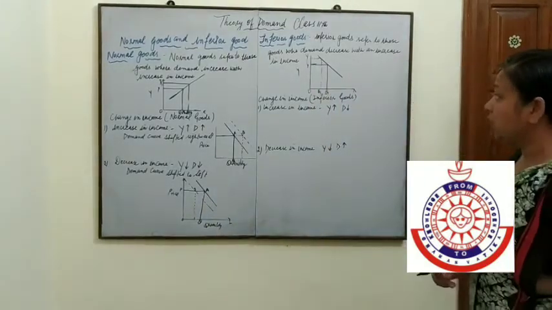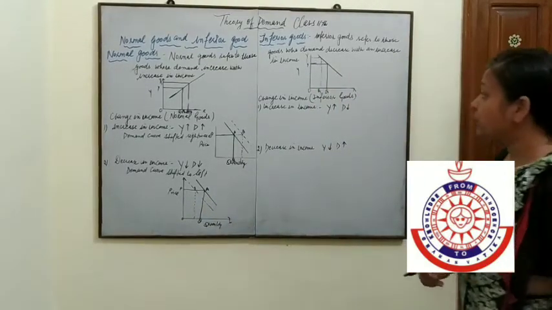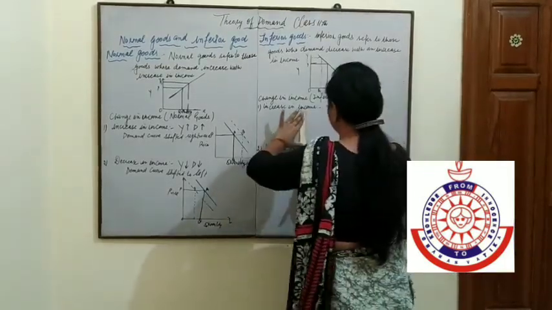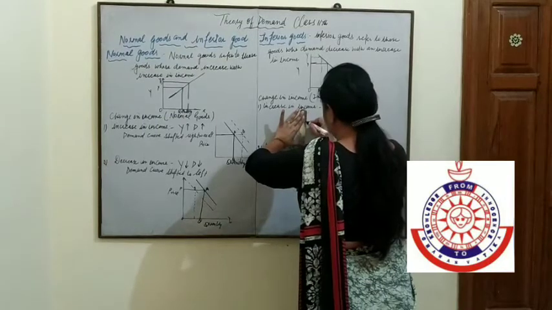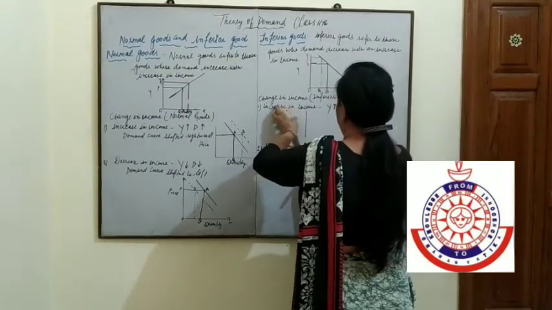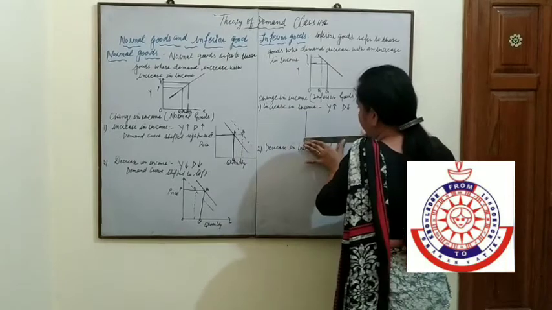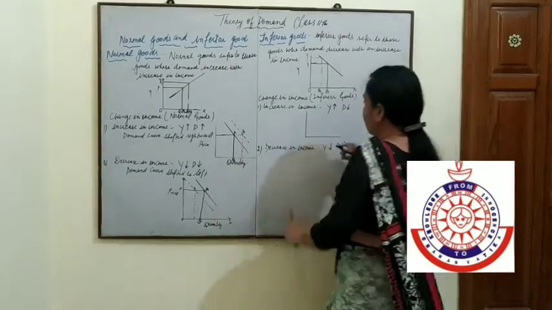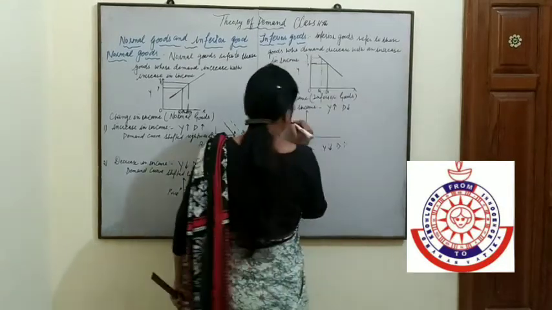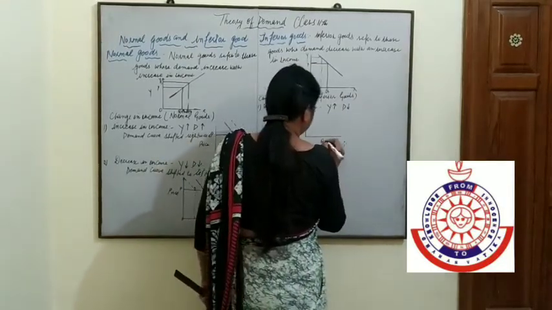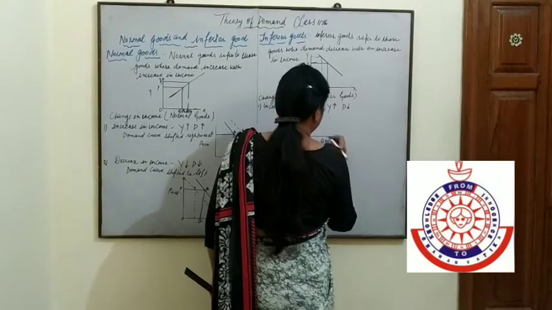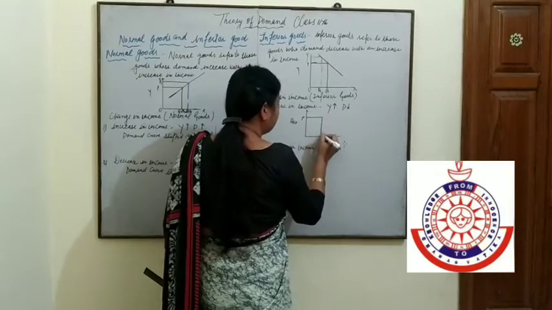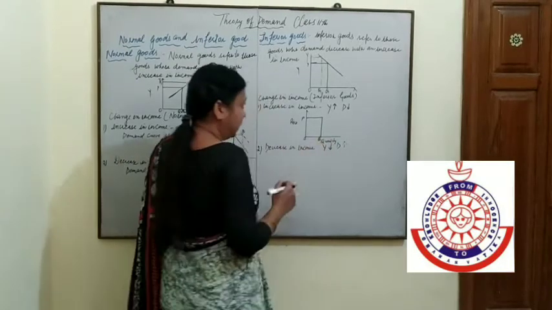Now, change in income, how it affects the demand. Let us take price and quantity. Initial price is P and we are demanding OQ quantity.